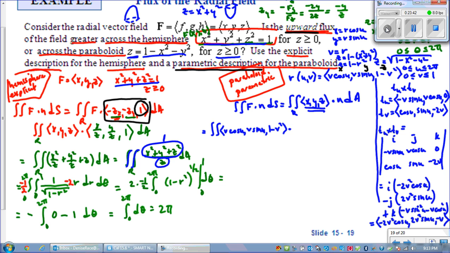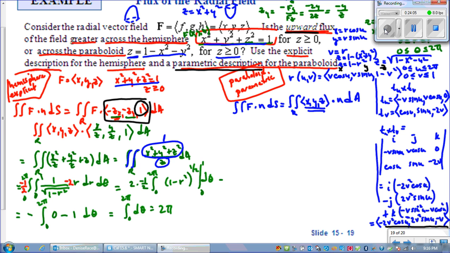Look at the normal vector. We want to have the upward flux. Is this vector upward? Not with that negative v value. So to make it upward, we need to take the negative of that. Okay, and I left off a minus down here, so let's put that in.